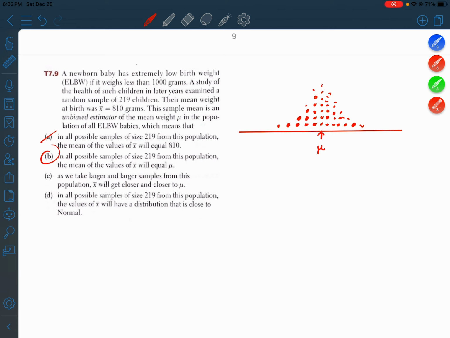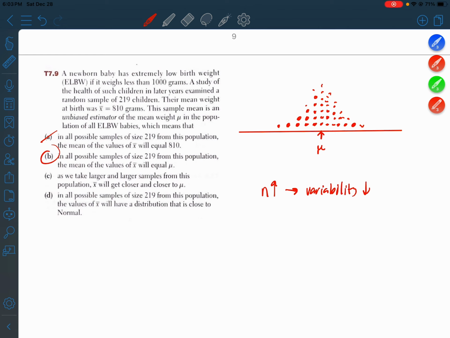C, as we take larger and larger samples from this population, X bar will get closer and closer to mu. I kind of like that one too. So that is a true statement. As the sample size increases, the variability decreases, the estimates get closer to the truth.